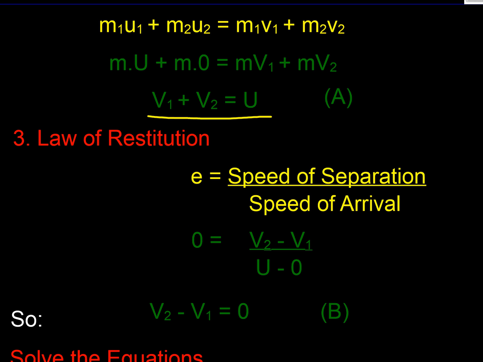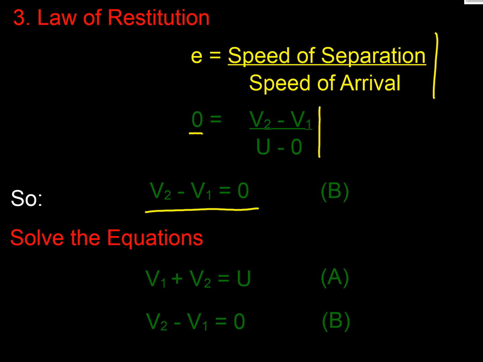The right-hand side of our law of restitution is the same, still v2 minus v1 over u minus 0. On the left-hand side, now e equals 0. So all I need to know now is that v2 minus v1 equals 0.